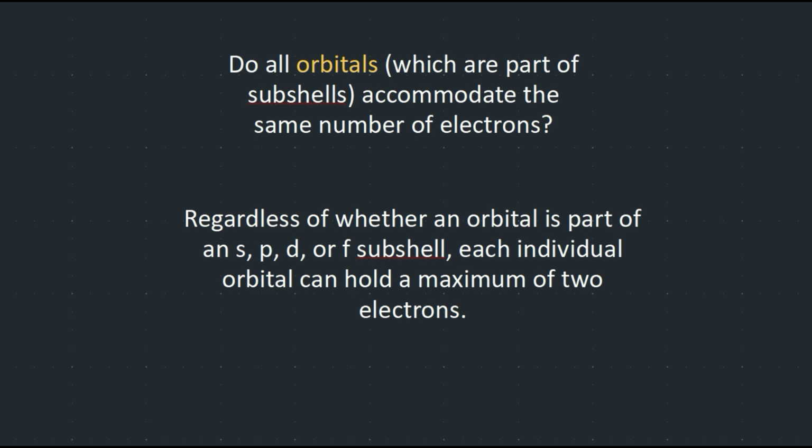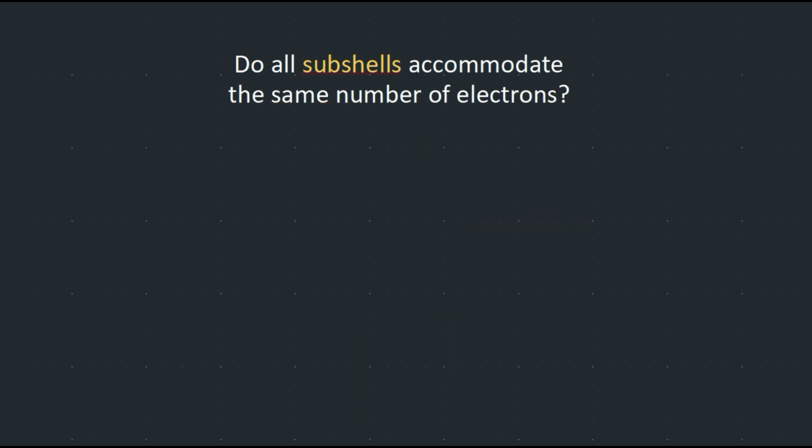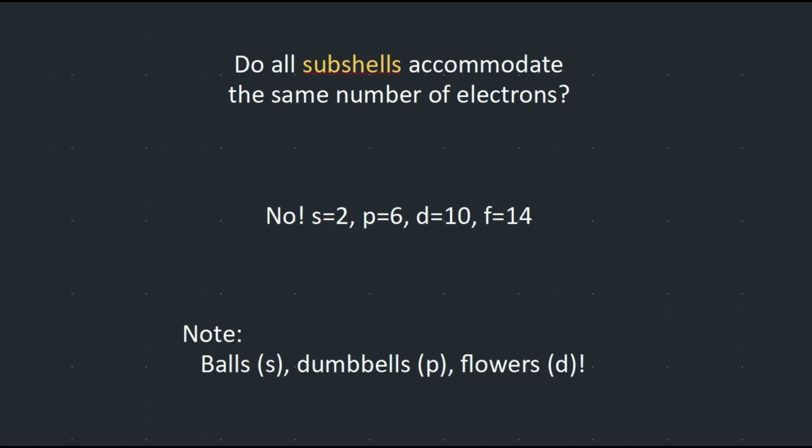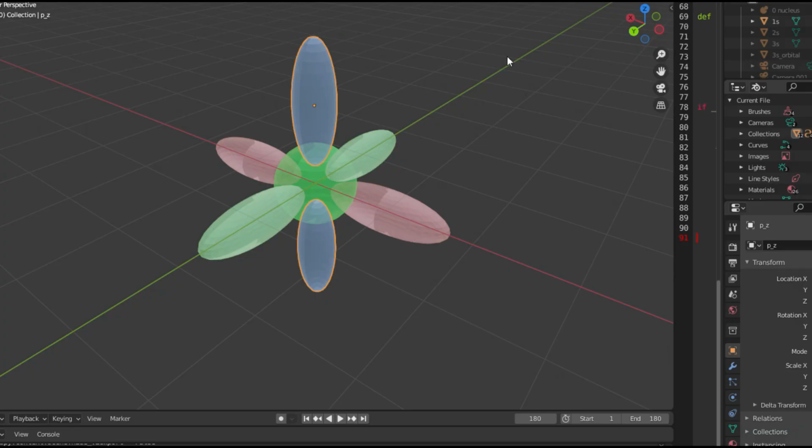D, take a guess, how much does it allow? So do all orbitals accommodate the same number of electrons? The answer is yes. Do all subshells accommodate the same number of electrons? Think about it, we just discussed that. Let your brain run. And the answer is no. S accommodates 2, the spherical structure accommodates 2, P accommodates 6 that we just saw. Take a pause and think about it.